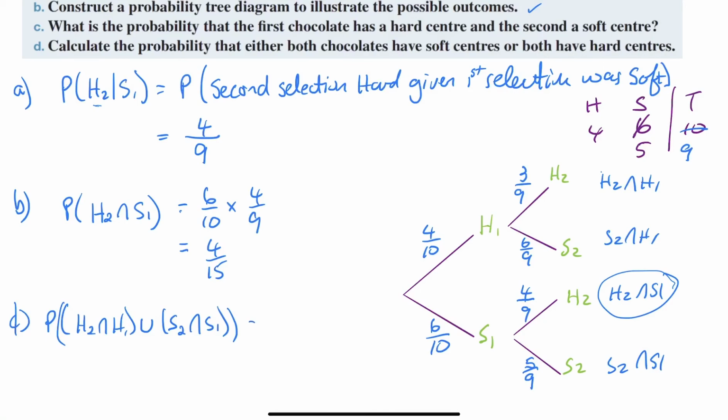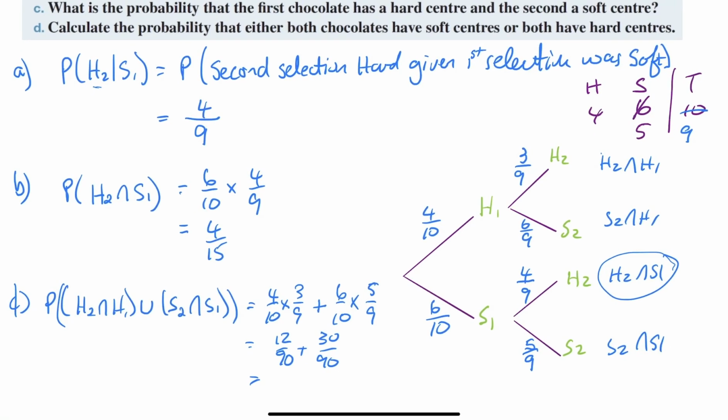Remember, and is multiplication, so it's this route or that route. So 4 over 10 multiplied by 3 over 9 is the first route. Or is plus, this one over here, which is 6 over 10 multiplied by 5 over 9. That will give us 12 in 90 plus 30 over 90, and if you simplify that, the answer will be 7 in 15.